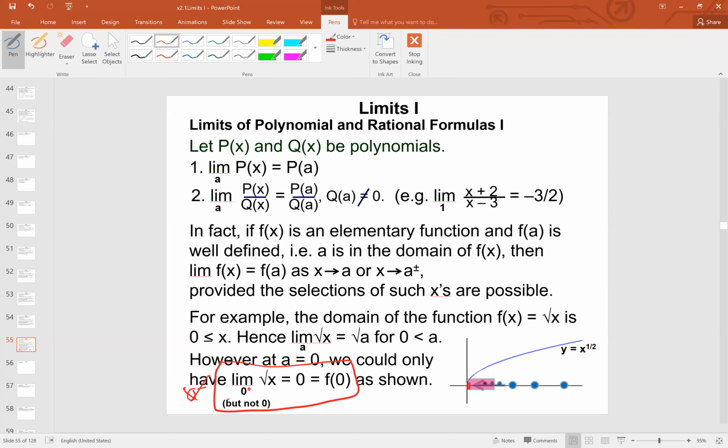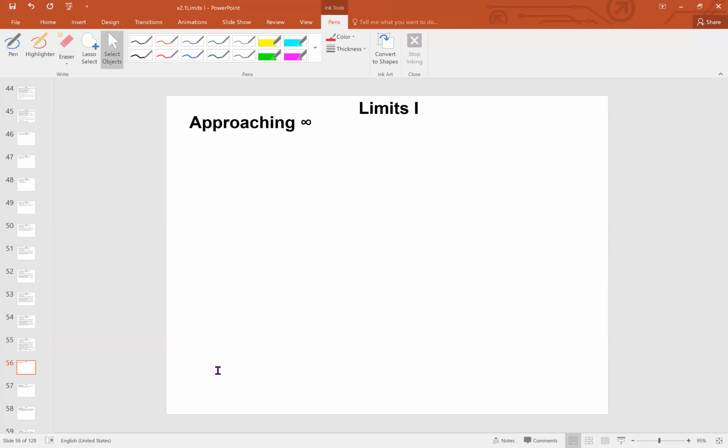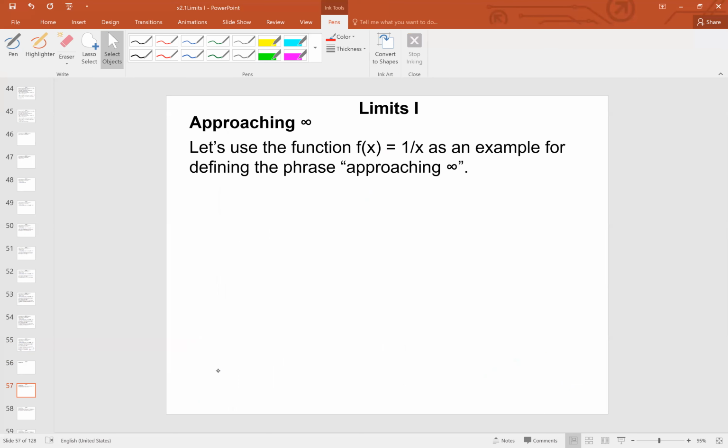Nor can we say the limit as x goes to 0. It has to be specified as 0 plus. Then this result, the limit 0, stands. You are not allowed to use negative numbers. So these are things we think about when we talk about limits at the boundary, from the right, from the left. Now the notion of infinity.